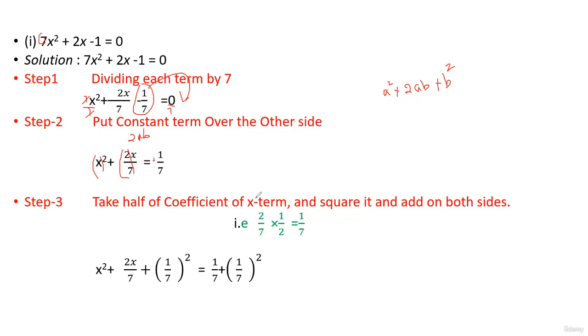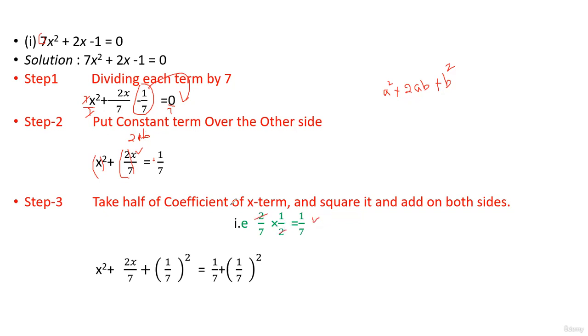For b you must divide this coefficient, because for x we have decided a. Now 2 upon 7, you have to multiply by 1 upon 2, or divide by 2. In every completing the square question you have to multiply this term by 1 upon 2. Now this 2 will be cancelled out and you have 1 upon 7.